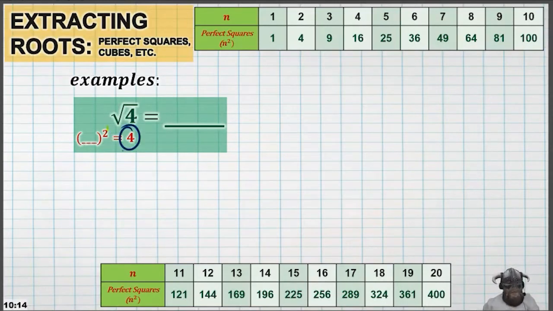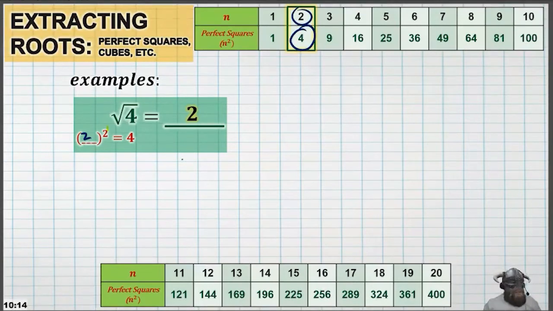So, ano yung number na yun? Pag ni-raise mo kay 2, ang sagot ay 4. Good thing, meron na tayong table. So, hanapin mo na lang dyan, nasan ba si 4? Ito. So, ano yung in-square mo dyan para maging 4? 2. So, 2 squared, the answer is 4. That means, the square root of 4 is 2. Yan. So, that's the idea of square root.